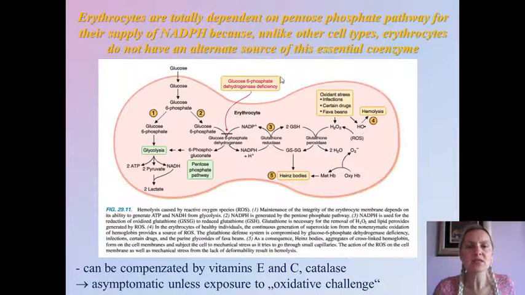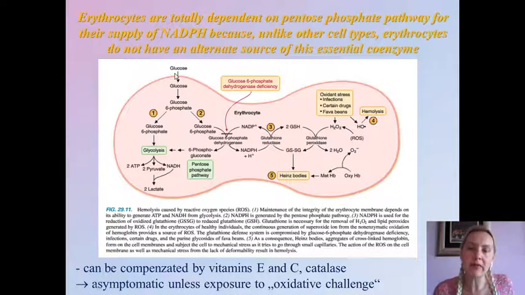hemoglobin. So this is the figure which actually explains how any defects in the hexose monophosphate pathway, and especially glucose 6-phosphate dehydrogenase deficiency, which is a regulatory enzyme of this pathway, may do a lot of harm to erythrocytes, causing damage and complete depletion and hemolysis.